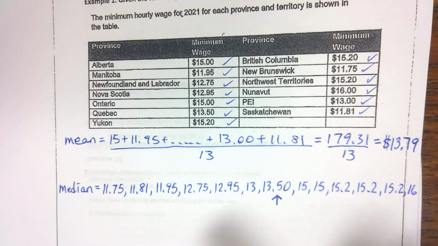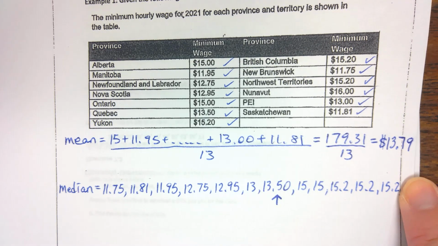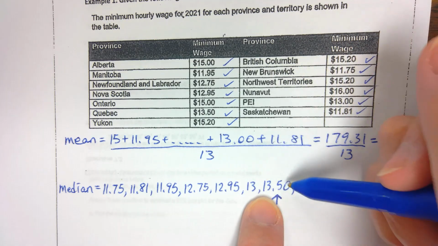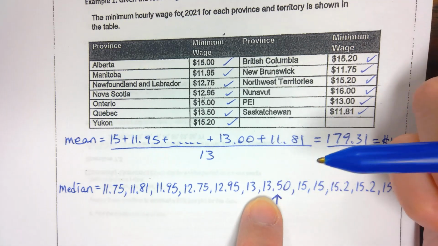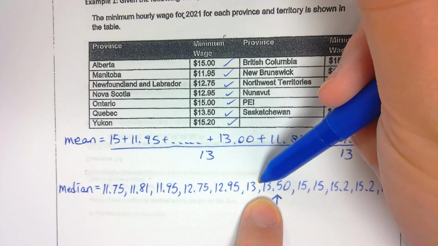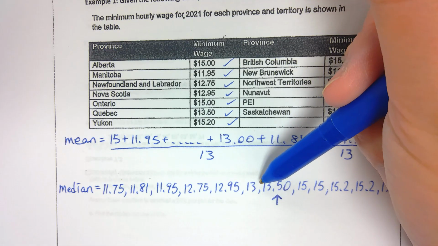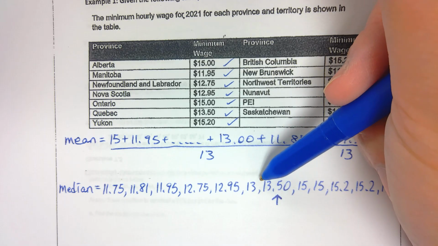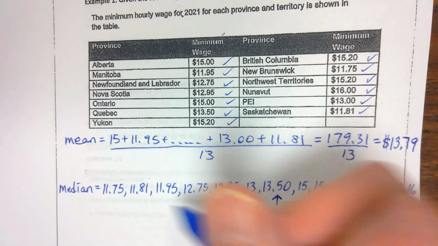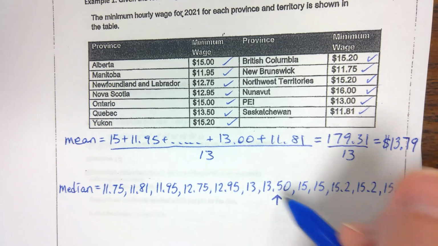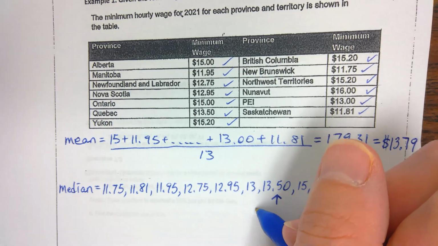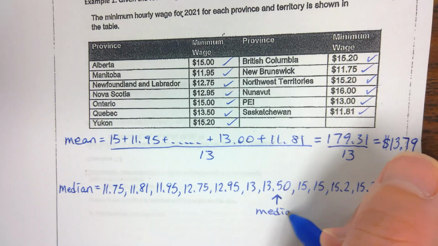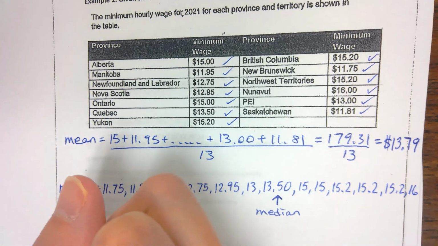Now let's say I didn't have 13 numbers and I only had 12 numbers, then the middle would be between 13 and 13.25. What would I have to do if it's between two numbers? Yep. Find the average of those two. So 13 plus 13.5 divided by 2, which would be 13.25. Okay, but in this case, when there's an odd number of numbers, my median is just 13.50.